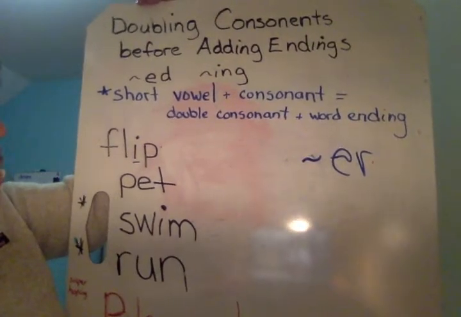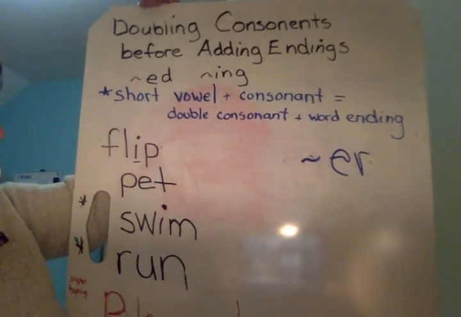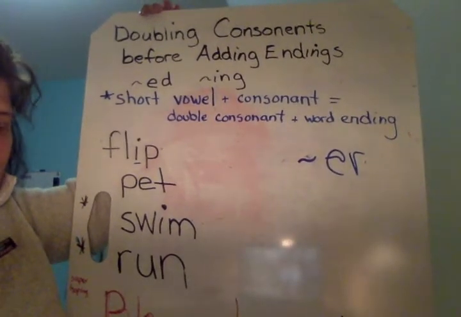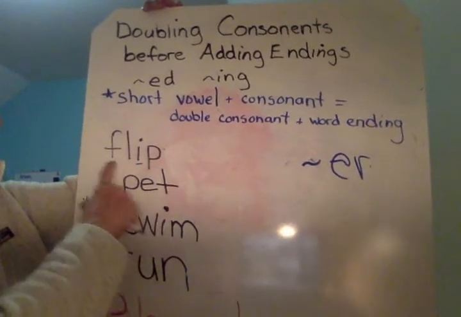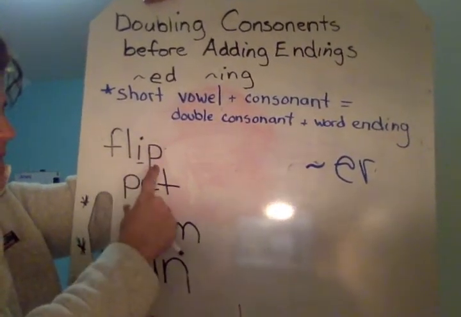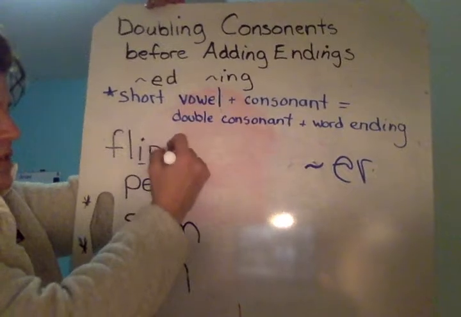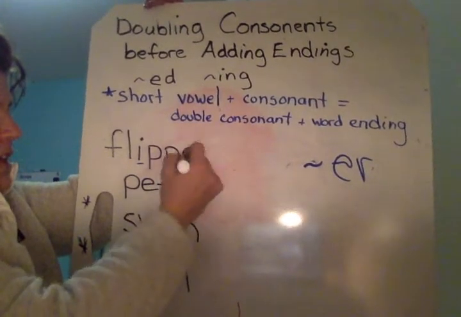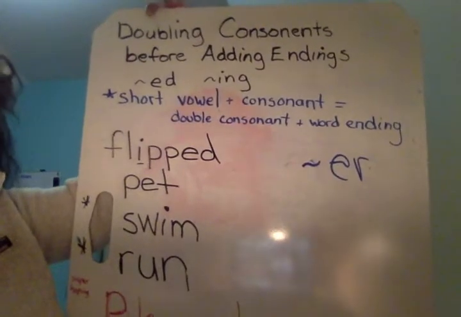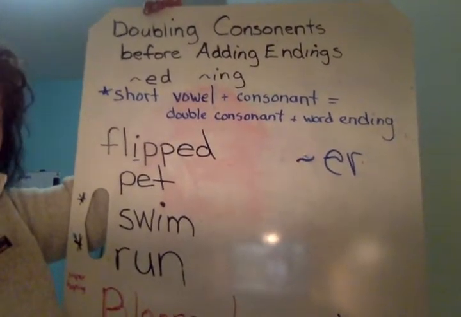So if I wanted to change the word to flipped, like I flipped on the trampoline, let's make flip into flipped. Short vowel sound, consonant. So let's double the consonant and then add our word ending ed. So I just changed flip to flipped.